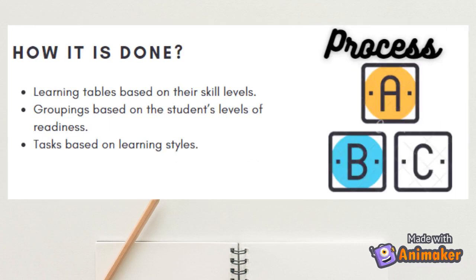The next element is process, which is how it is done. Teachers can create learning tables based on their skill levels, and teachers can also make groupings based on the students' levels of readiness. Tasks based on learning styles can also help.